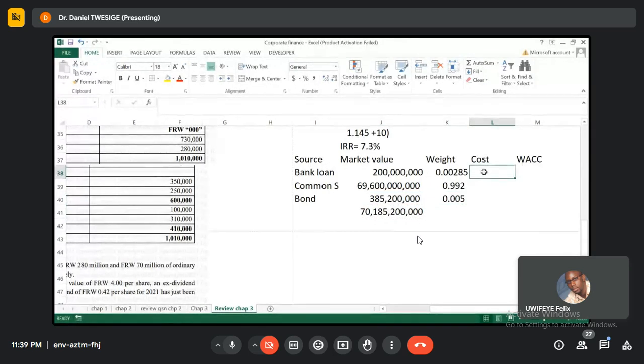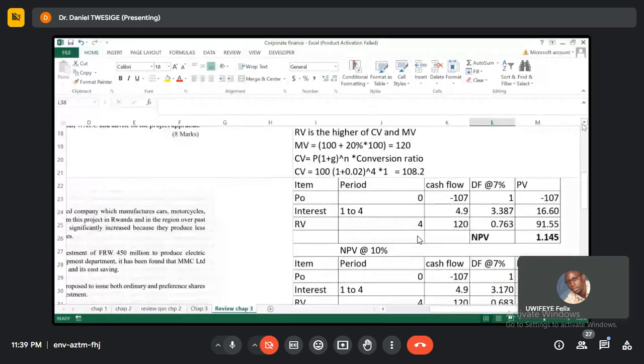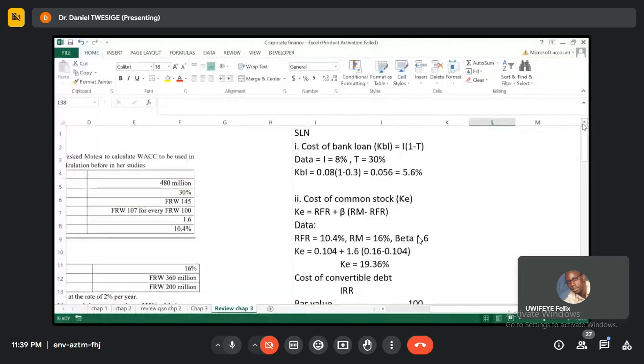So here we got bank loan, we got what? The cost is 0.056.